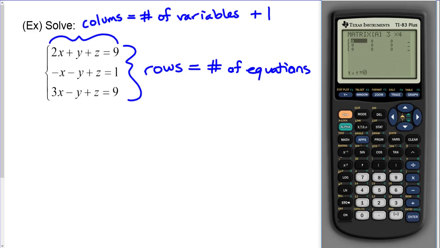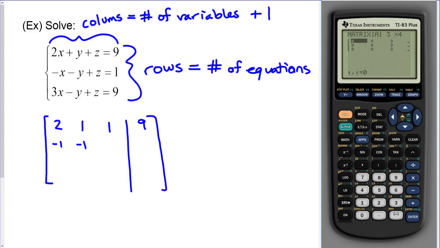Now I can start entering the augmented matrix. The augmented matrix is going to look like 2, 1, 1, 9, negative 1, negative 1, 1, 1, 3, negative 1, 1, and 9.